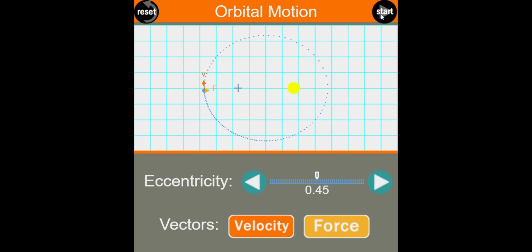And I want you to watch those vectors carefully. So you should be able to see a pattern. Watch again. What is happening to the size of those arrows, and when does it happen?